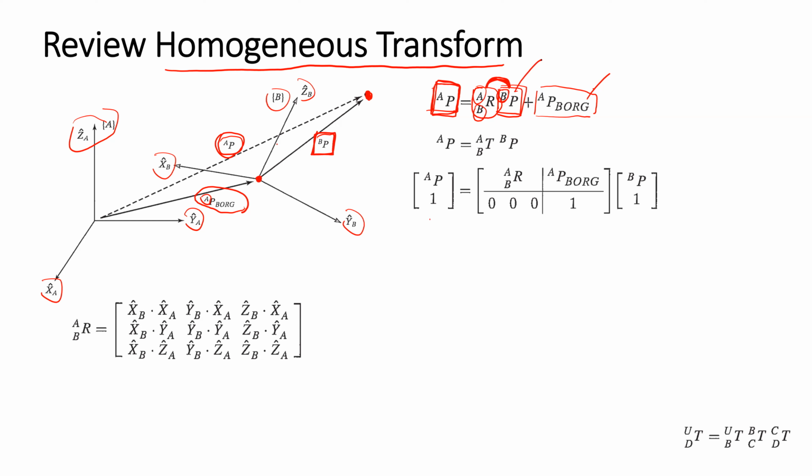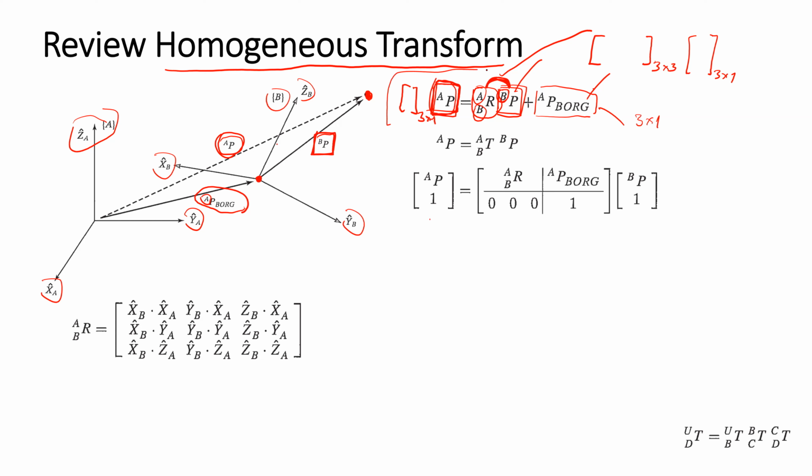But instead of having the 3×1 vector, we have a rotational matrix 3×3 multiplied by the vector 3×1 and plus the vector 3×1.